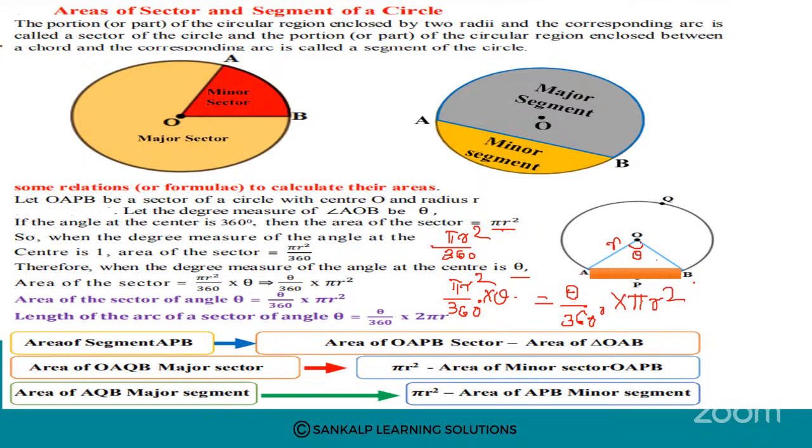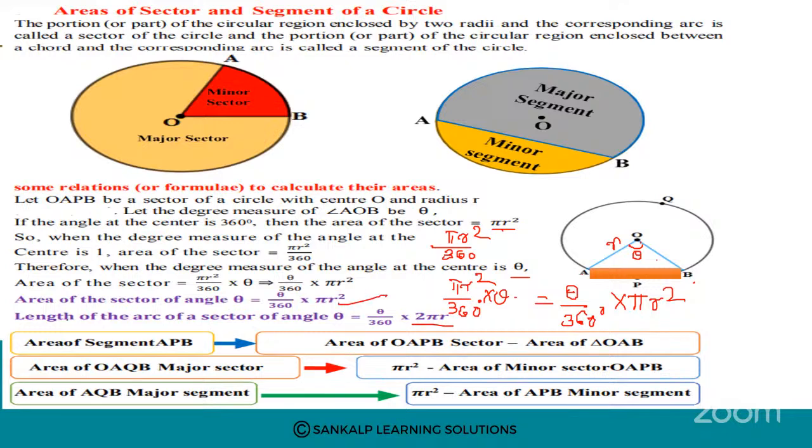So this is the formula to calculate the area of the sector: area of the sector of angle theta is theta divided by 360 into pi r square. When you want to calculate the length of the arc, the length of the arc of a sector of angle theta is theta divided by 360 degrees into 2 pi r. Pi r square is the area, 2 pi r is the length of the arc. Remember.